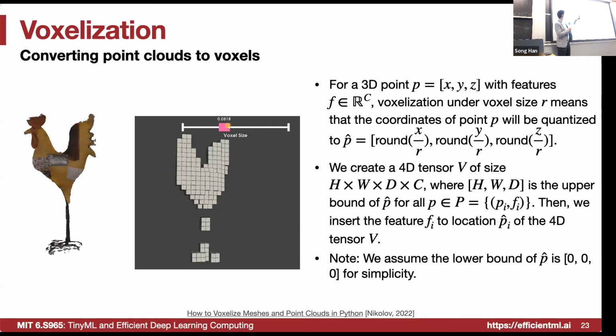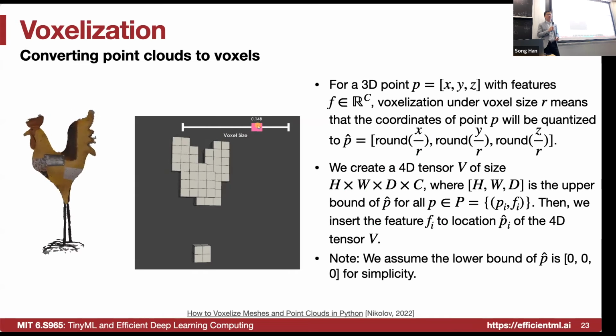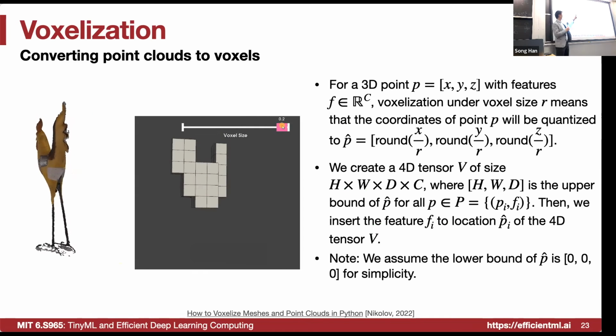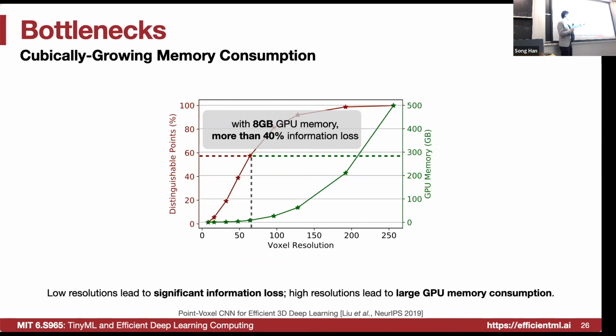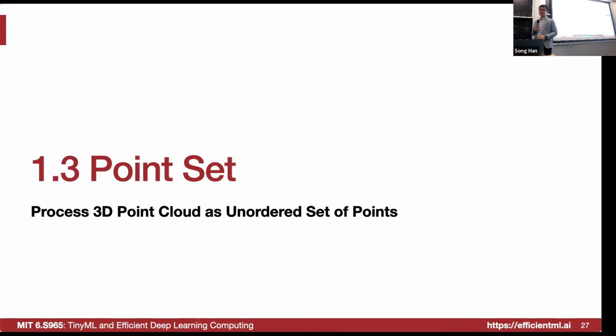It becomes very coarse grained. That saves the memory, but the number of distinguishable points is also very low. So with 8 GB of GPU memory, more than 40% of information is lost. So we need better representations.